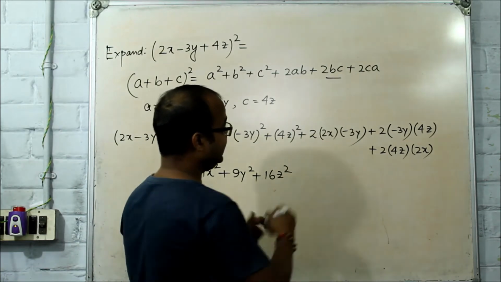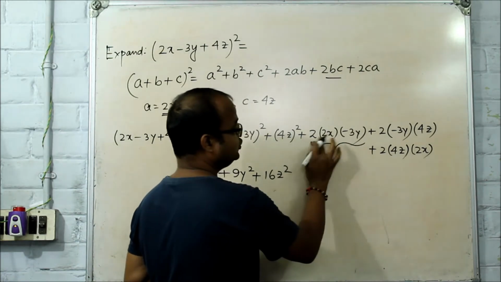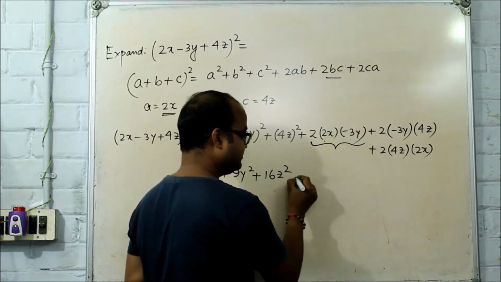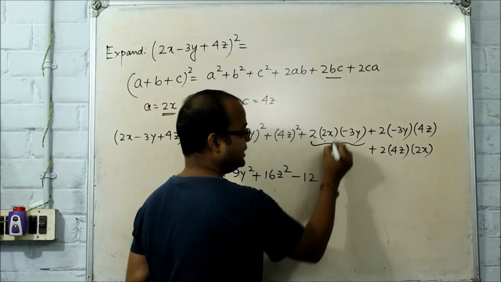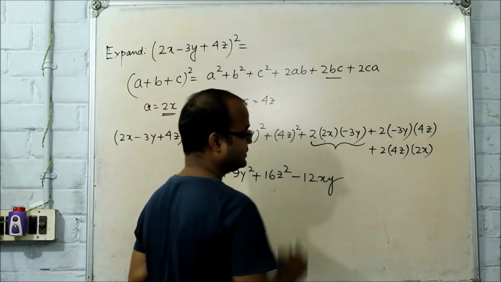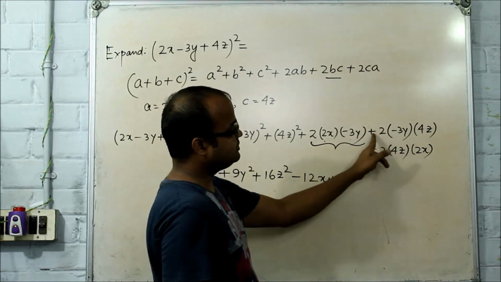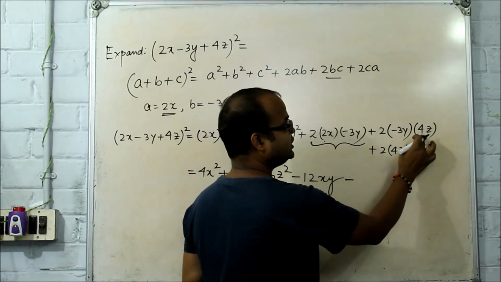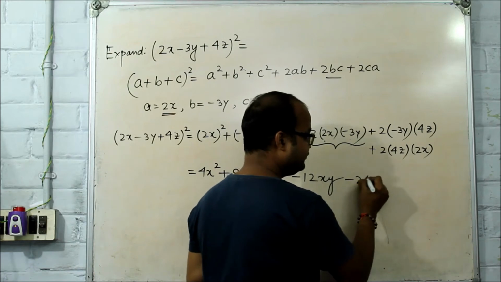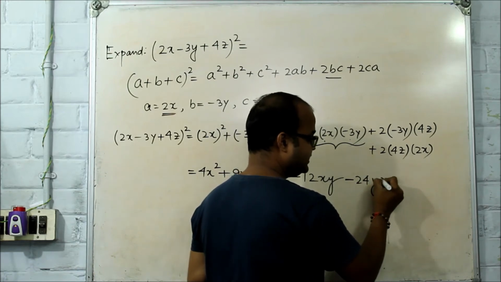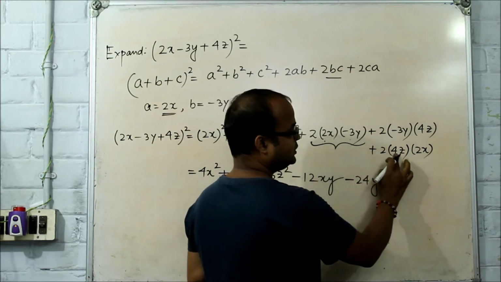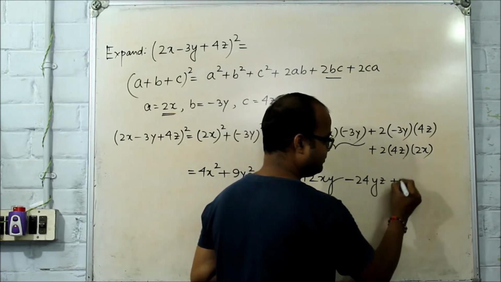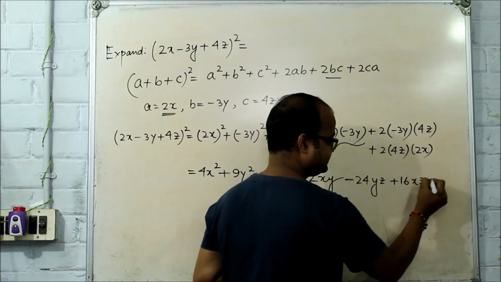now if you multiply these three terms, 2 2s are 4, 4 3s are 12, minus 12, so plus minus minus 12xy, again plus minus minus, 2 3s are 6, 6 4s are 24yz, 2 4s are 8, 8 2s are 16, so plus 16xz.